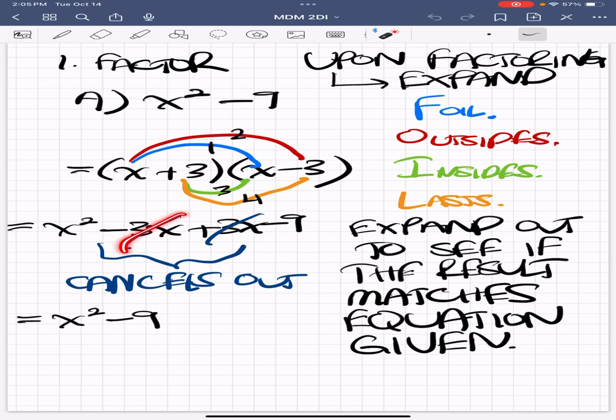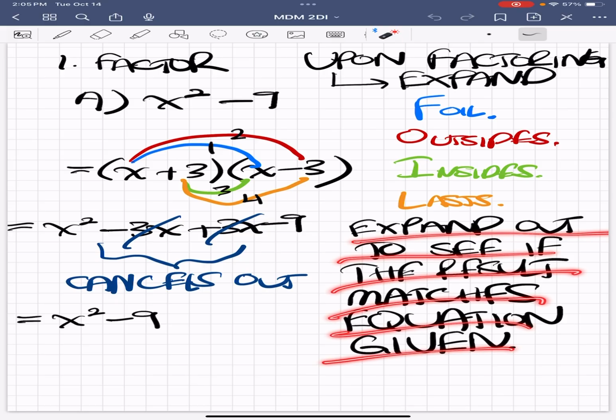As you can see, it cancels out, and we're left with the original expression. So upon factoring, we expand, and we use our FOIL technique to see if the result matches the expression given.